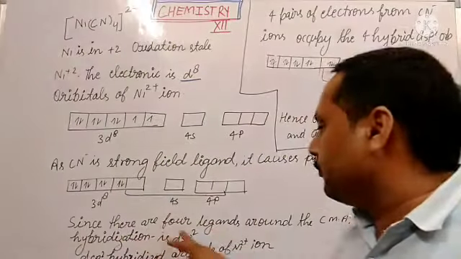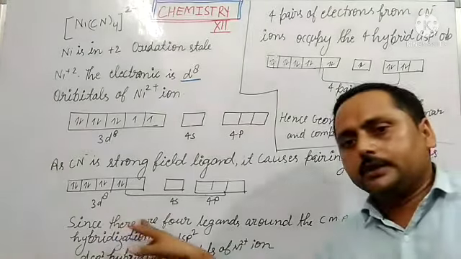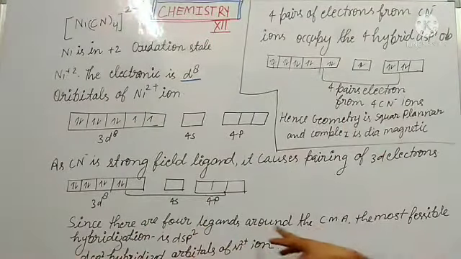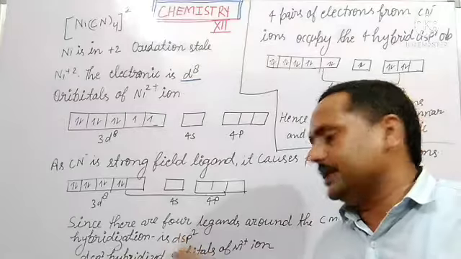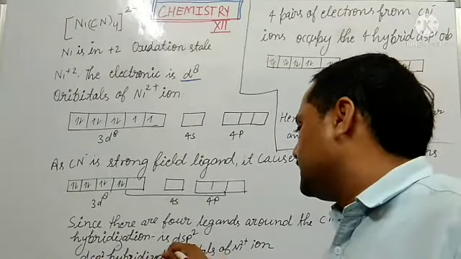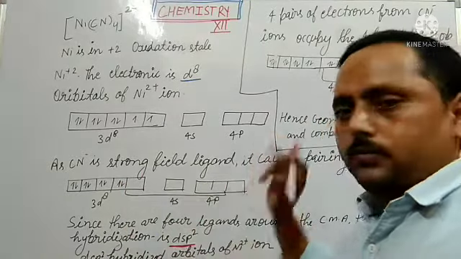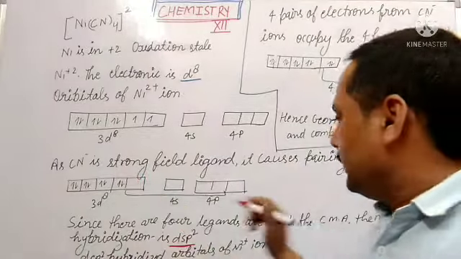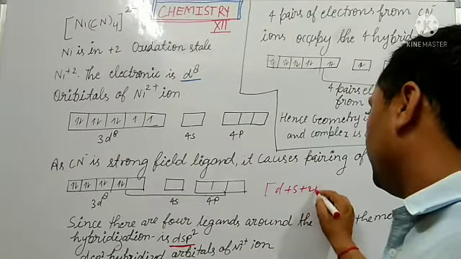Since there are 4 ligands around the central metal, the most feasible hybridization is dsp2, meaning 1 d, 1 s and 2 p.